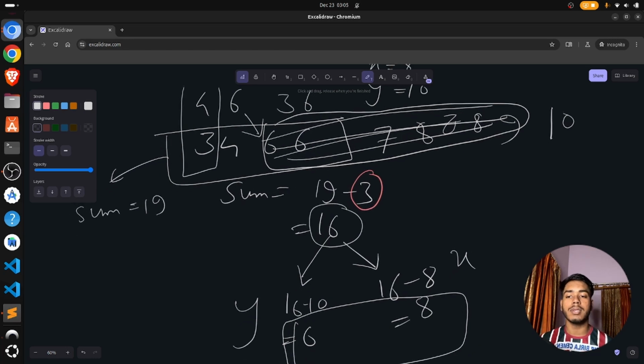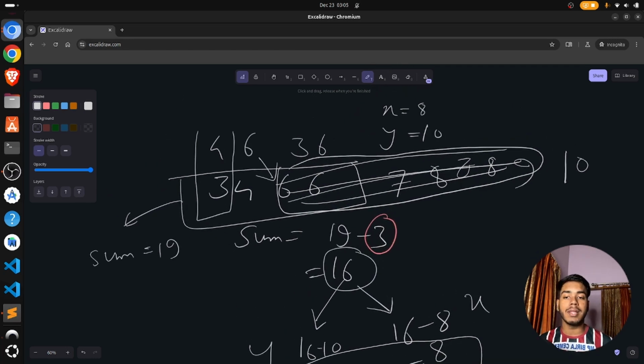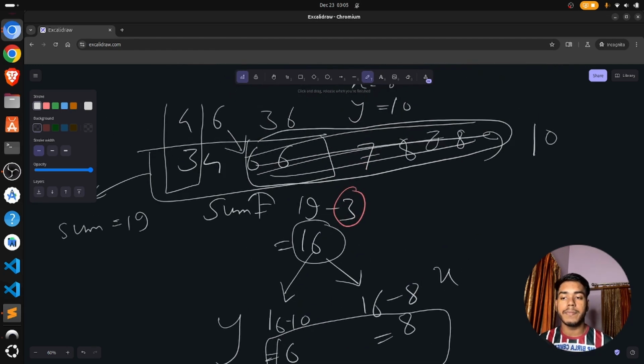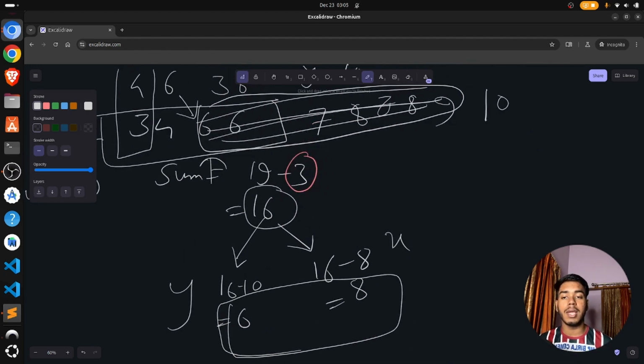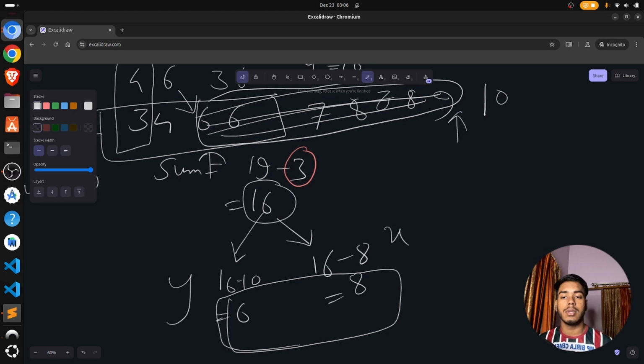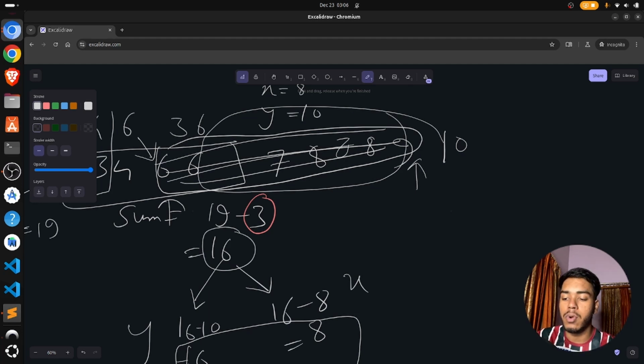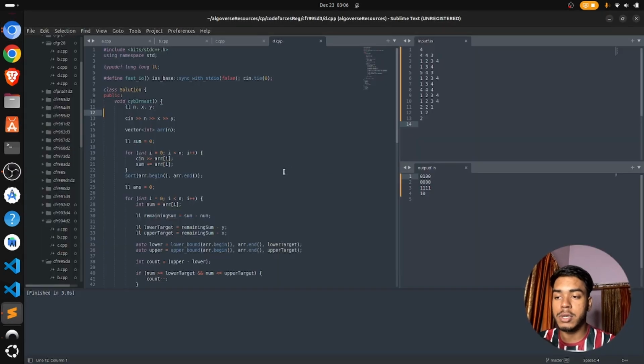Okay, so how can you get this range? You can get this range by the lower bound of this lower thing, and the upper bound of this upper thing. So you can get the length from here, and you can add it to the answer. I will show you in the code, that will be more intuitive, I think.